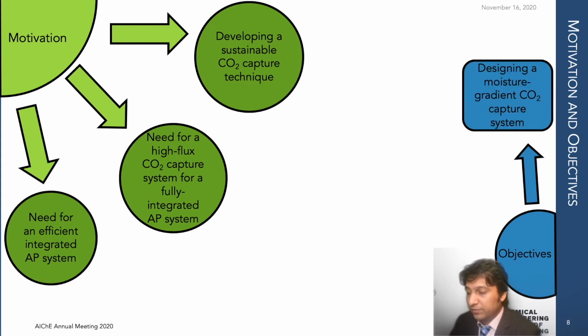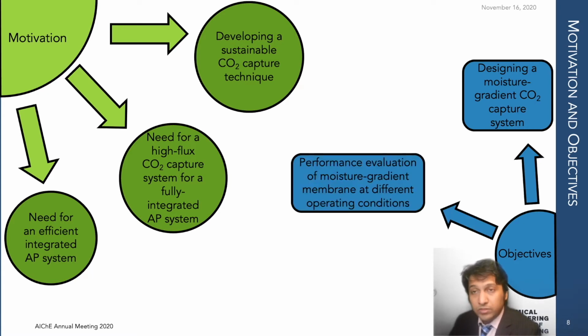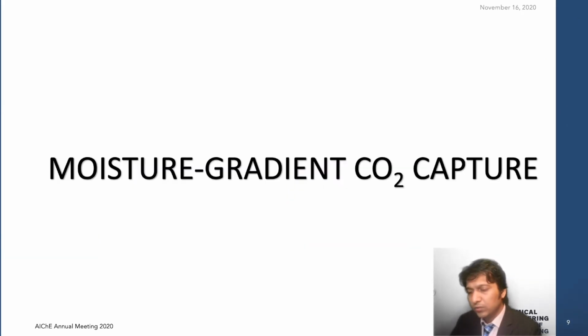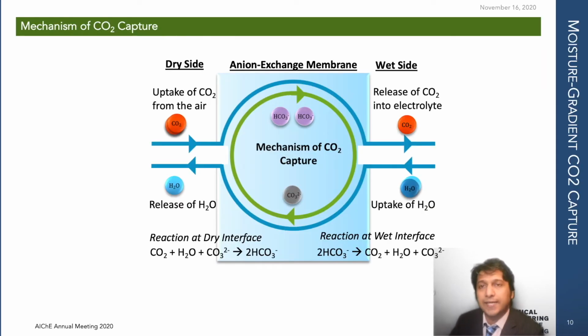So our objectives for this work are designing a moisture gradient CO2 capture system to see how it works in different operating conditions, and designing a fully integrated AP system with moisture gradient CO2 capture and its reduction to carbon monoxide. So let's see what moisture gradient CO2 capture exactly is.